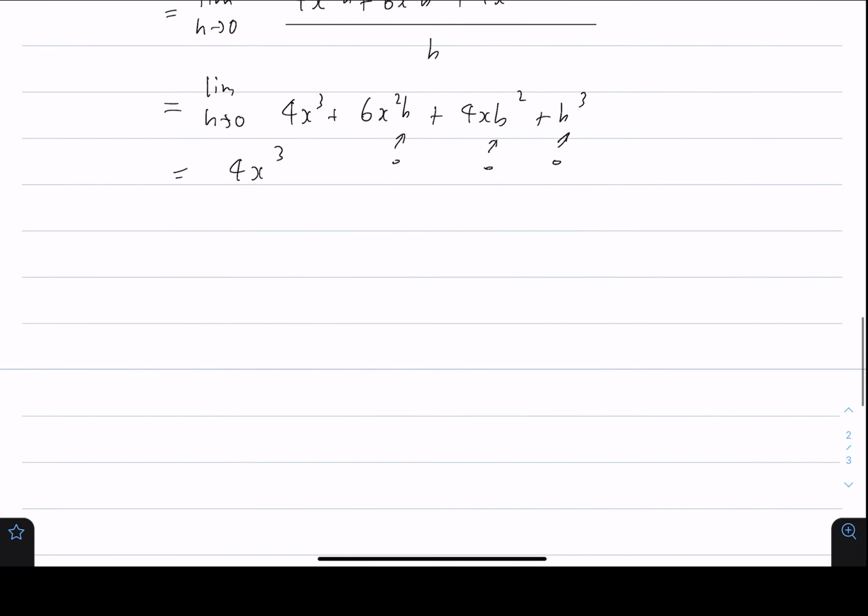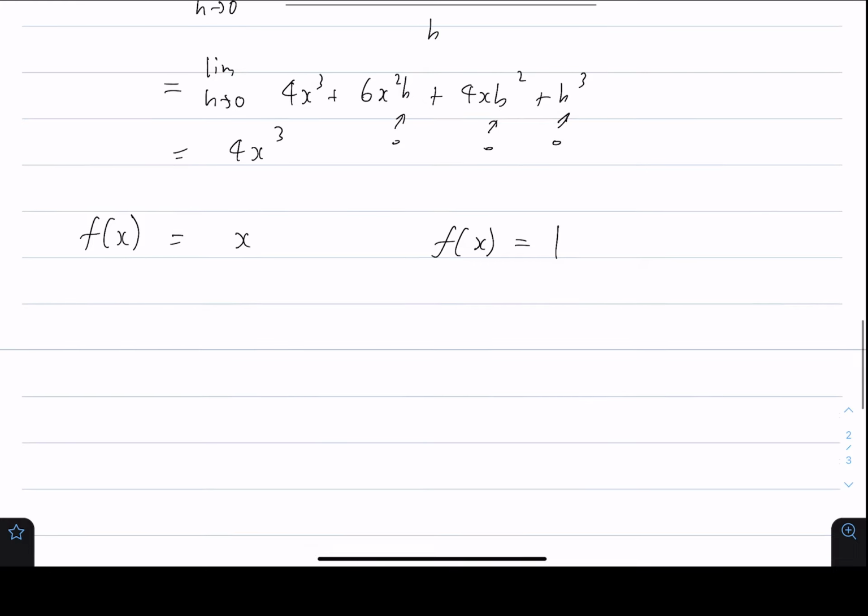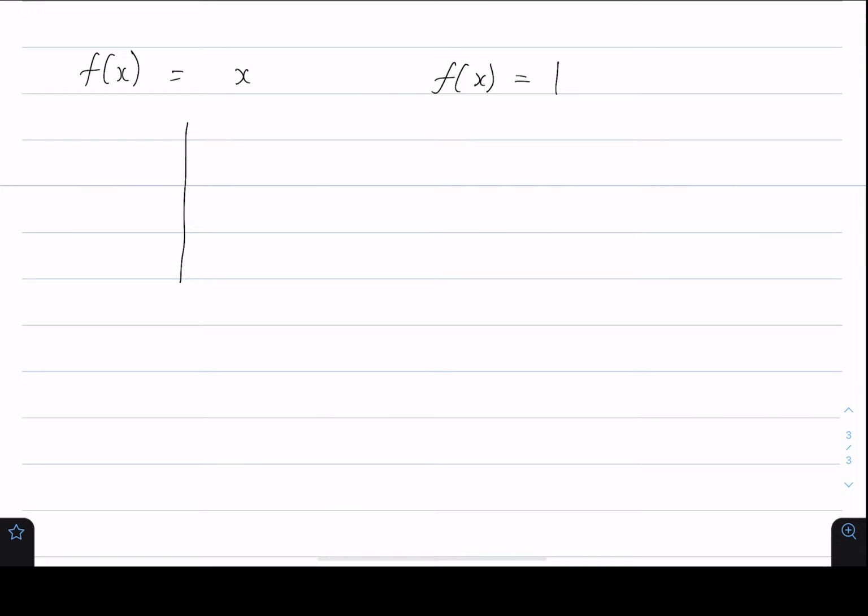And let's also find the derivative of x power of 1, as well as of 1. Okay, so we don't actually need to use first principle for this. We can use something called common sense. If we draw the graph of f of x equals x, we get this very familiar graph.